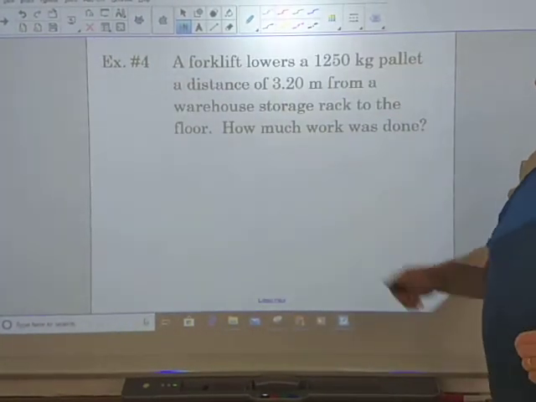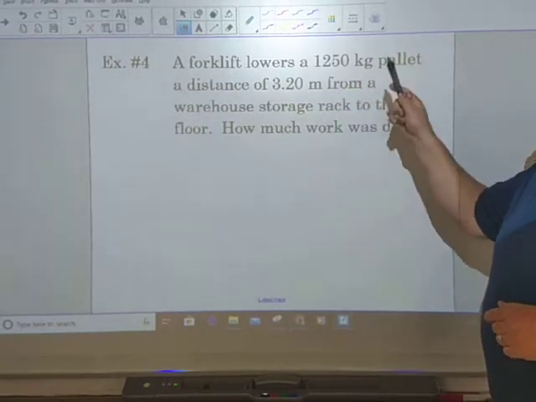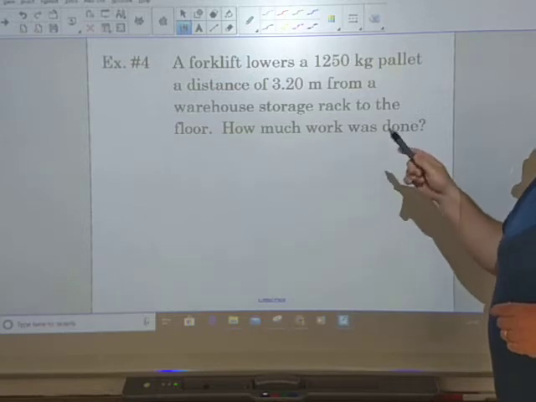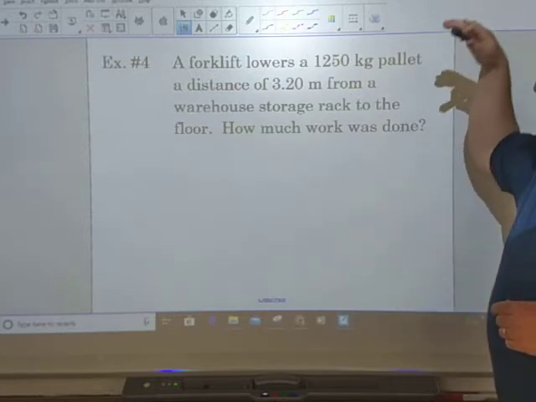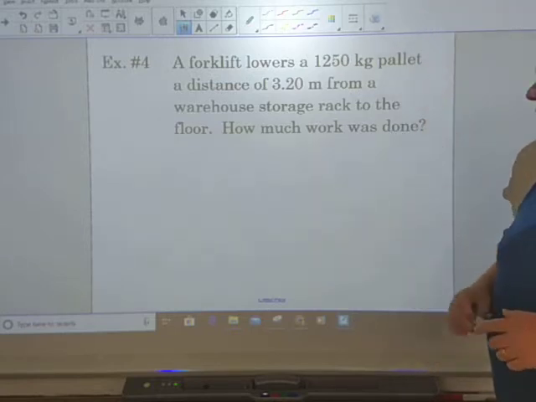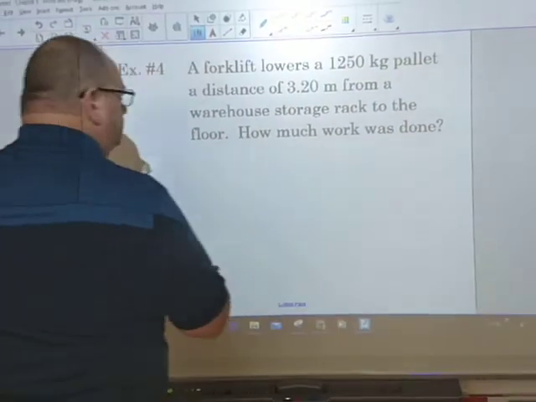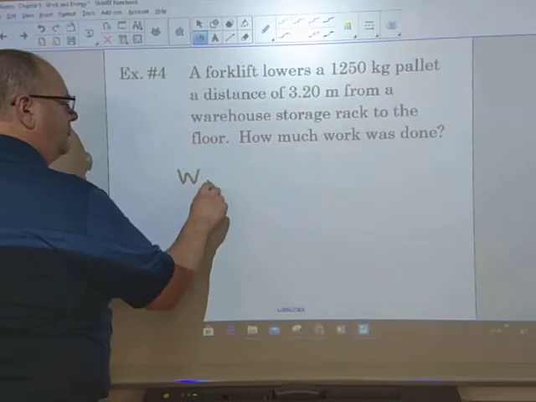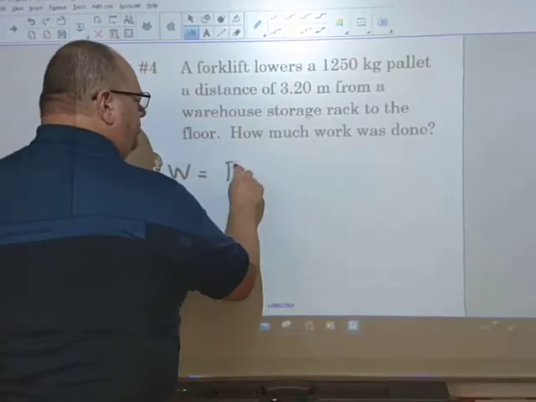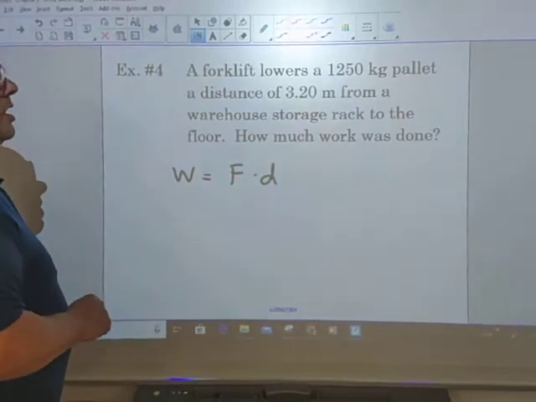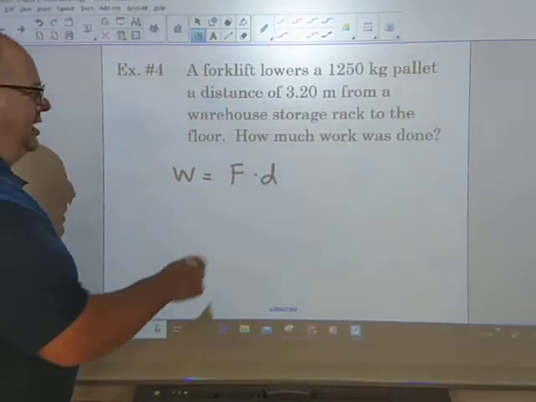All right, a forklift lowers a 1,250 kilogram pallet a distance of 3.20 meters from a warehouse storage rack to the floor. How much work was done? Work equals force times distance. Oh, let's see.